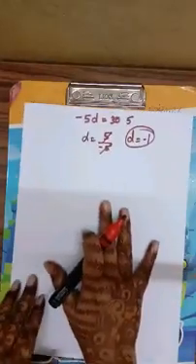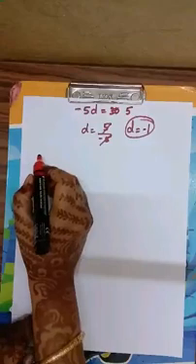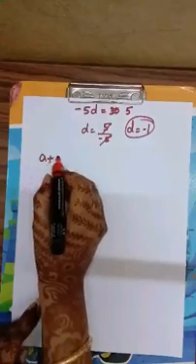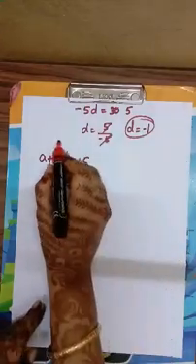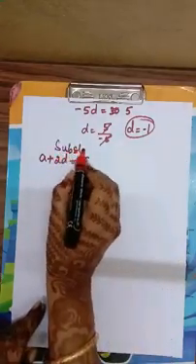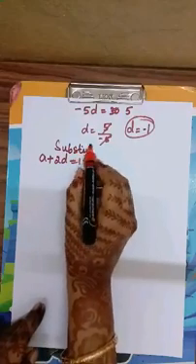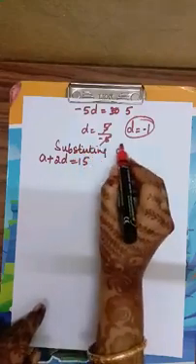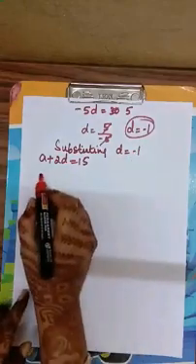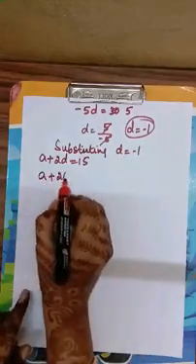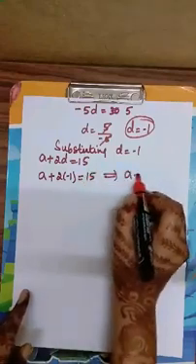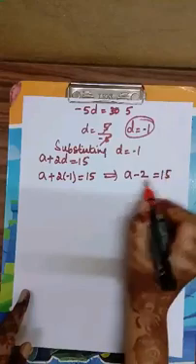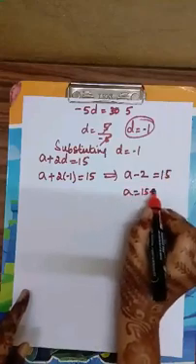Now substitute in any equation to get the value of A. That is substituting D is equal to minus 1 in A plus 2D is equal to 15. A plus 2 into minus 1 is equal to 15. A minus 2 is equal to 15. A is equal to 15 plus 2.